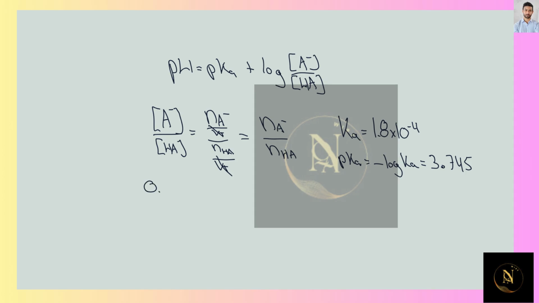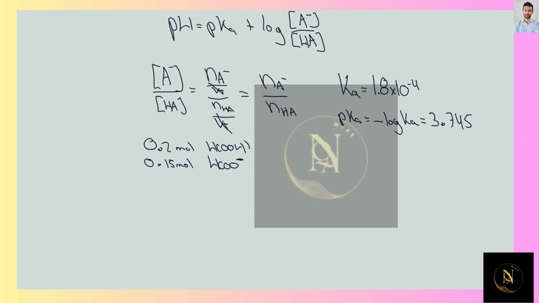We are told that we have 0.2 mole of formic acid, which is HCOOH, and we have 0.15 mole of sodium formate. Out of the sodium formate, the only thing that I care about is the formate ion. Remember that this is going to be the anion that goes into solution when we put the sodium formate into water.